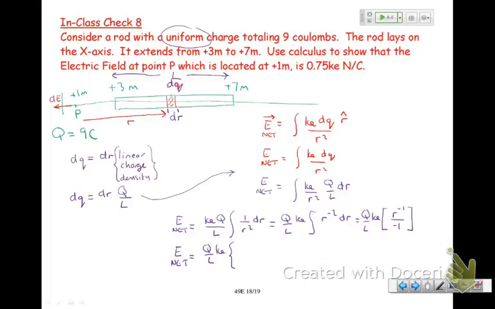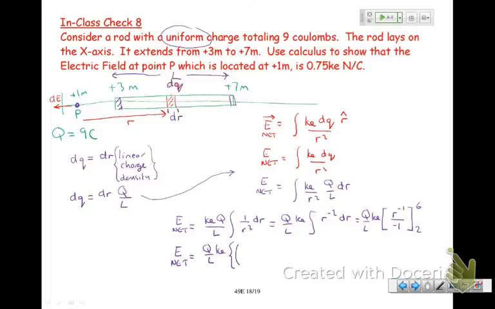What are our limits now? Our big limit is, where do my slices end? There. And how far is that away from my point of interest? 7 plus 3, 10. There's my point of interest. Oh, 9, 6. This is plus 1. 6. That's plus 7. That's 6. And what's my smallest limit? How far is 3 away from 1? 2.